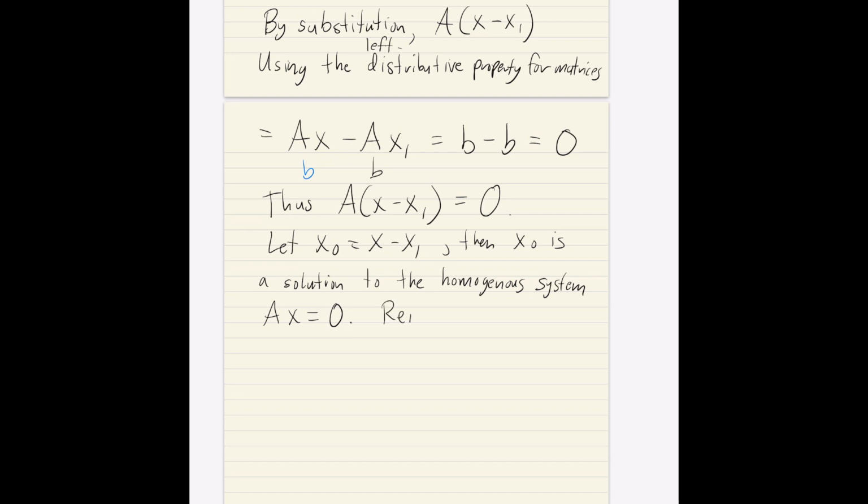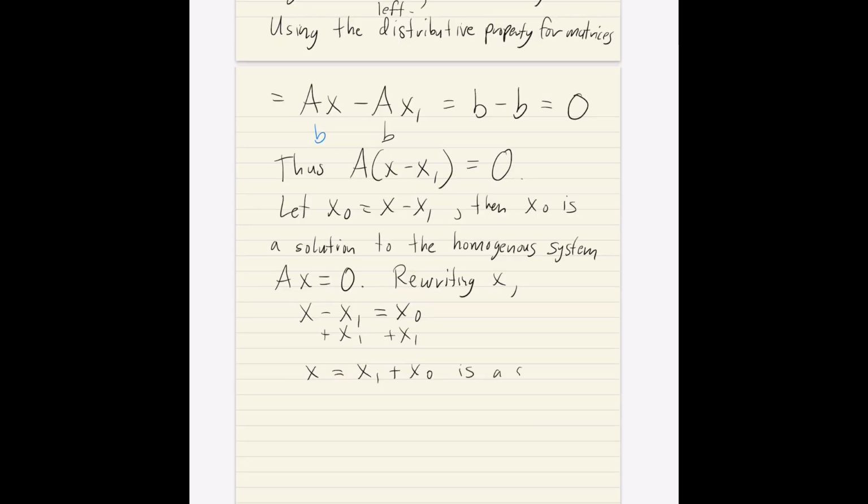Rewriting, we have x minus x1 is equal to x naught. We can go ahead and add x1 to both sides. x is equal to x1 plus x naught, which is a solution to Ax equals b.